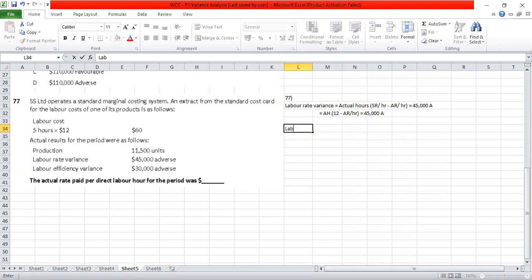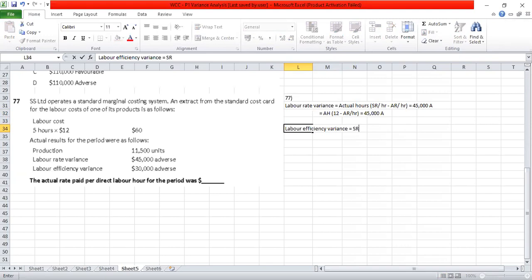Now we have labor efficiency variance, which is the difference between the standard hours and the actual hours applied at the standard rate.